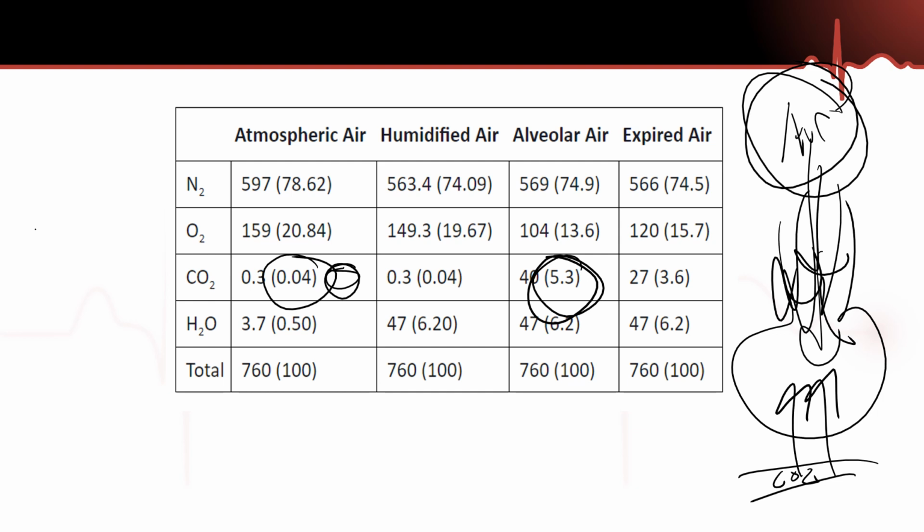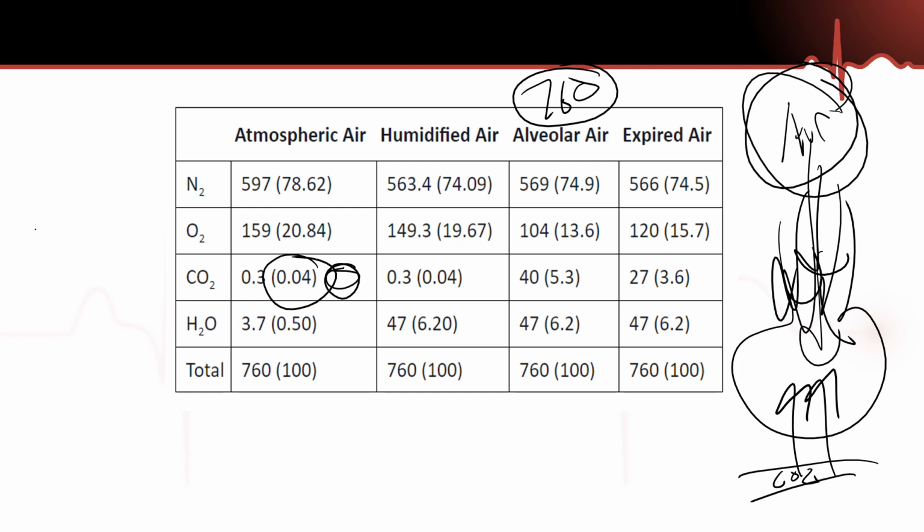So you say, all right, well, what's carbon dioxide's partial pressure? If we look at the air within the alveoli, the total air pressure is approximately 760 in between breaths. That's the total pressure of the air.